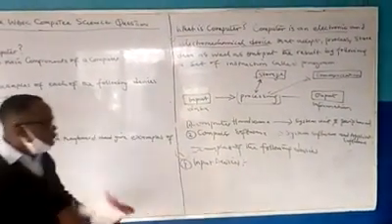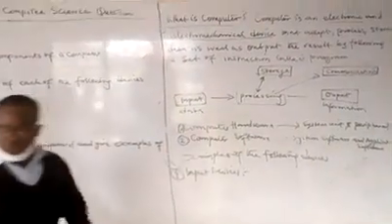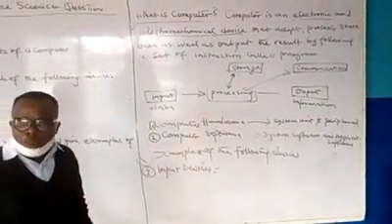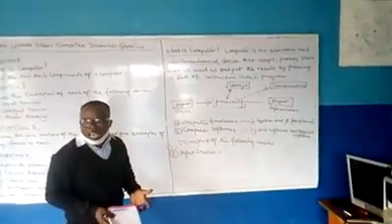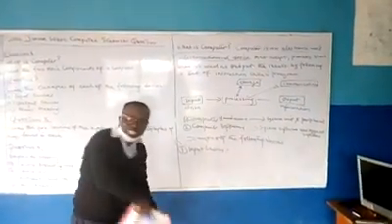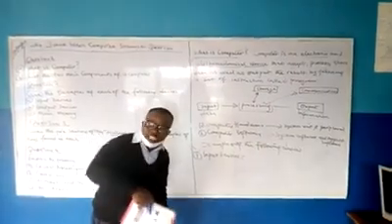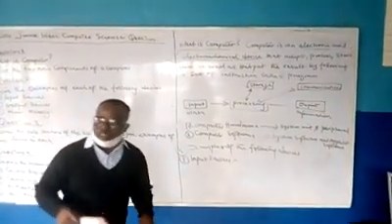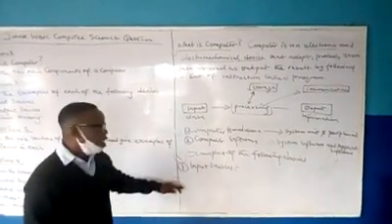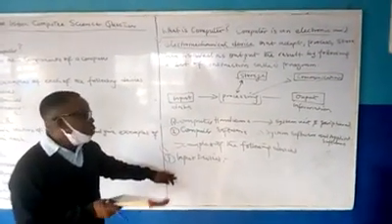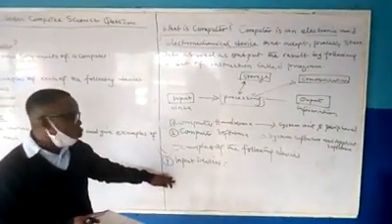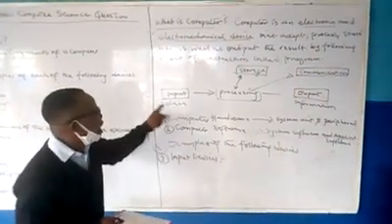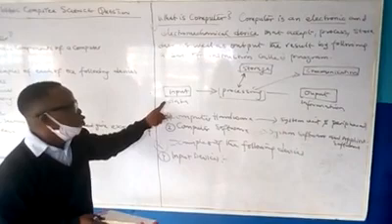Now, the question you ask yourself, what is input? For example, if you have a bucket of water, and you are pouring something inside, whatever you are pouring inside, you are inputting something, right? If it is water, or a grain of rice, whatever, you are inputting inside. So it is the same thing applicable to the computer system. What are the examples of input? What are those things you use to input data? I believe you know data.